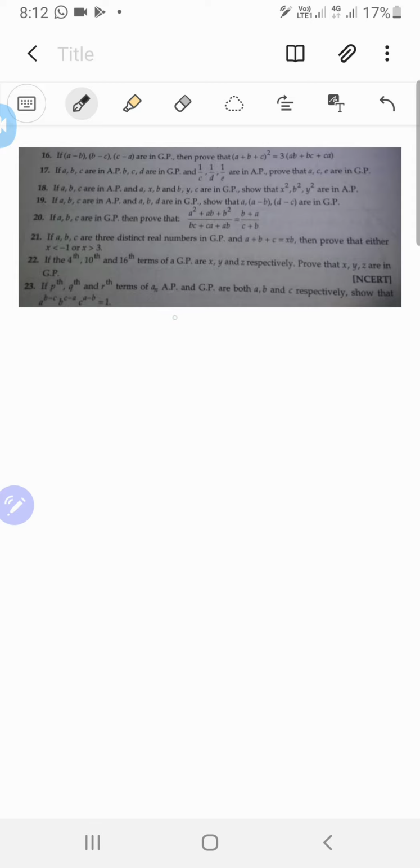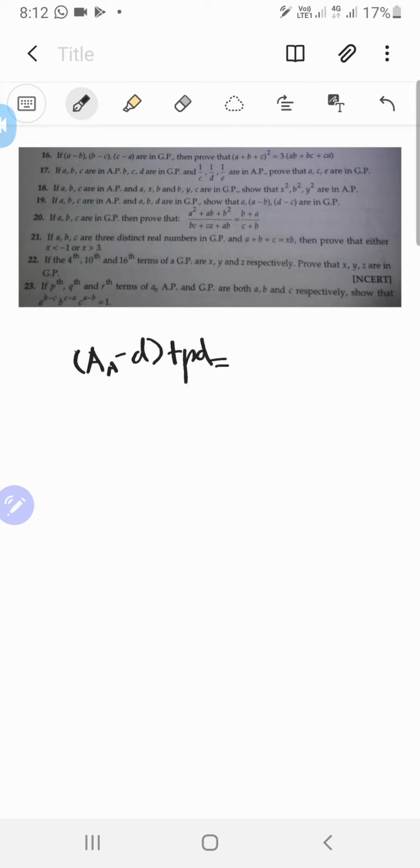Okay, so what will we get from that? The p, q and r terms. In the AP, the pth term is going to be a minus d plus pd.